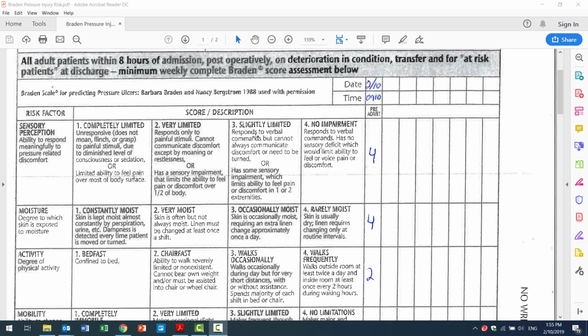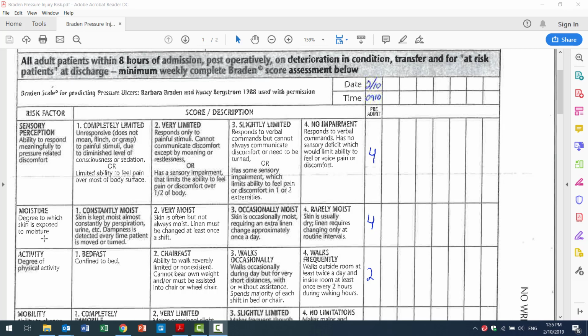If they were slightly limited, so respond to verbal commands but cannot always communicate discomfort or need to be turned, this may be your patients that can follow instructions, but maybe they have a speech impairment or stroke, or alternatively, they may have some sensory impairment, such as a diabetic patient with neuropathy.